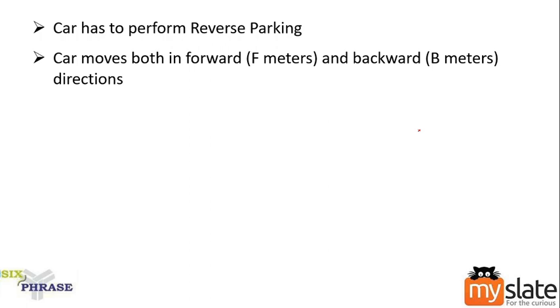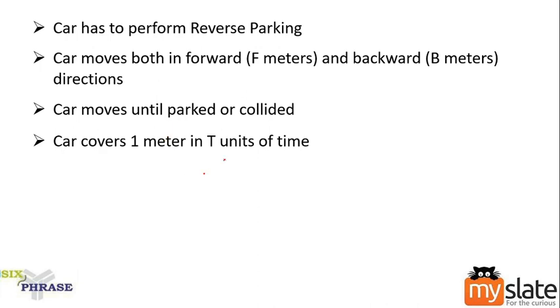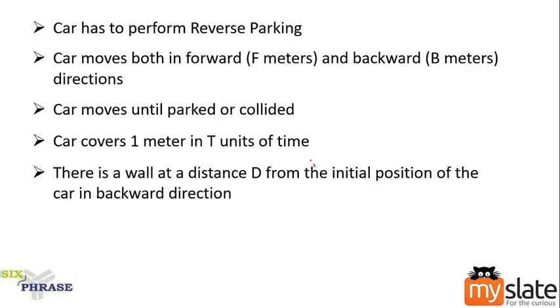The car keeps moving until it is parked or collided. The car moves 1 meter in t units of time, which could be minutes, hours or seconds, whatever the unit. And the last point: there is a wall at a distance d from the initial position of the car in the backward direction.